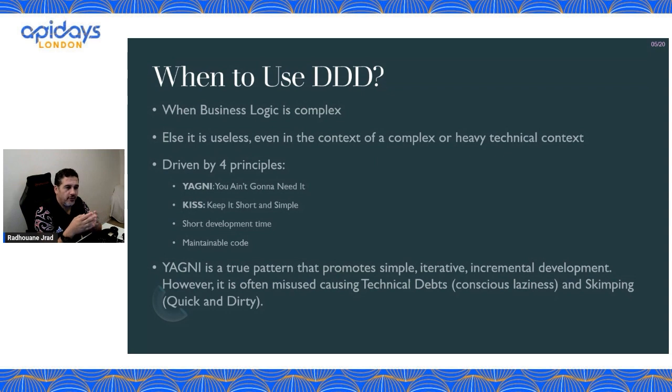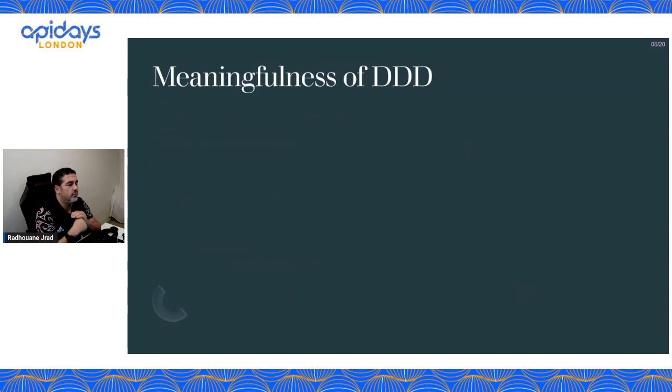You'll be lucky if you survive over a year before your code is problematic. And I've seen situations where people haven't gone live with release one of the overall solution, but they know it doesn't work with release 2. That's because of skimping and technical debts. So YAGNI is not any of these two, but it's something that you certainly have to keep in mind.